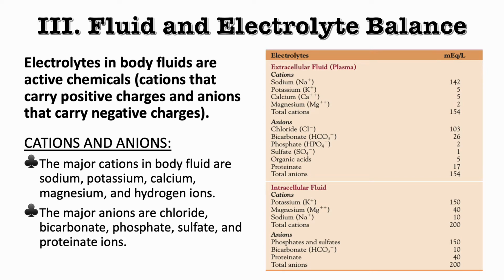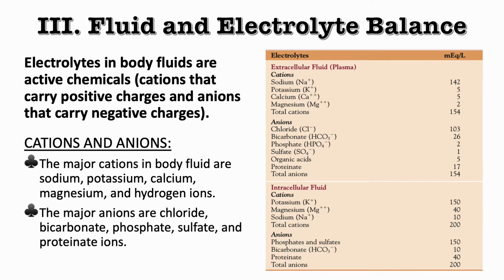Electrolytes now in the body fluids are actually active chemicals. Cations carry positive charges and anions carry negative charges. The major cations in the body are sodium, potassium, calcium, magnesium, and hydrogen.